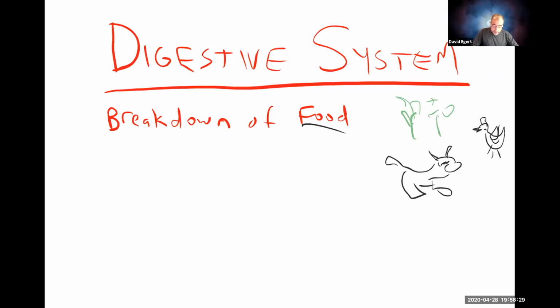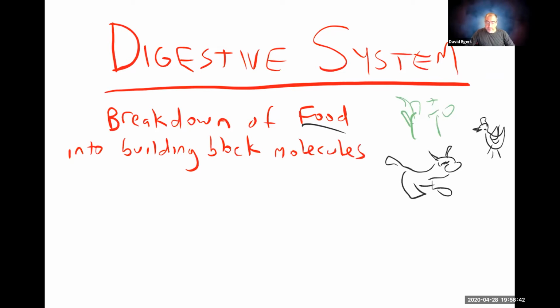So breakdown of food into building block molecules: individual amino acids, individual monosaccharides, individual fatty acids, and things like that. So that's a big part of our digestive system, taking in our food and disassembling it into these molecules that we can then use.